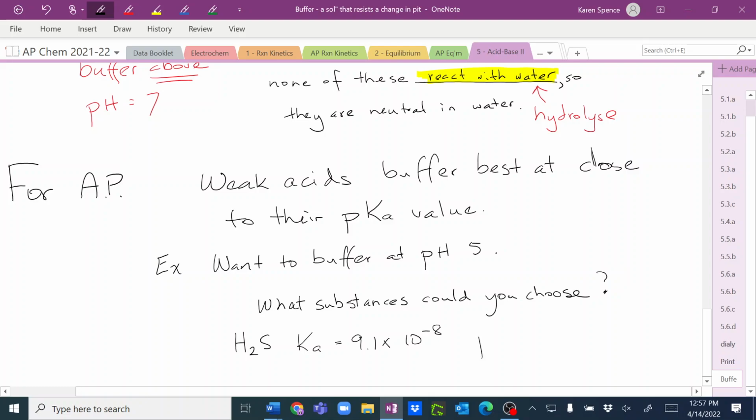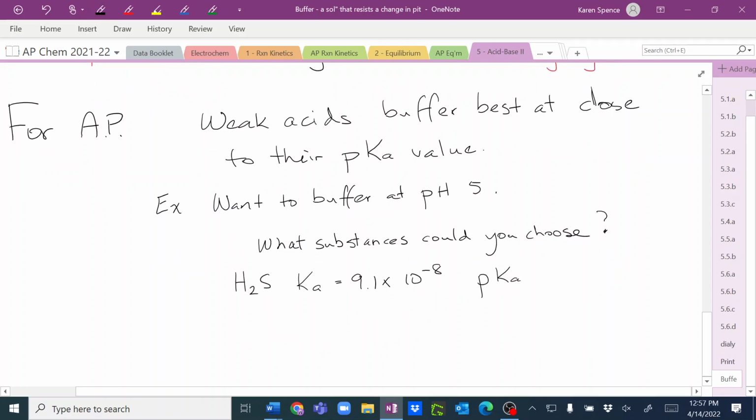What would its pKa be? How do you calculate a pKa? Negative log of Ka. And assuming that we don't want to spend too much time doing the math here, because we're just saying approximately, what would the approximate pKa be for this substance?